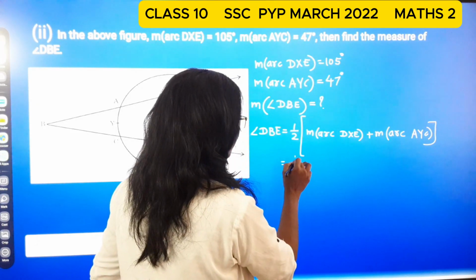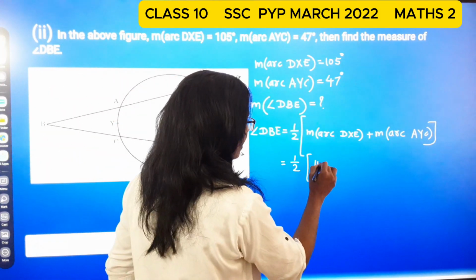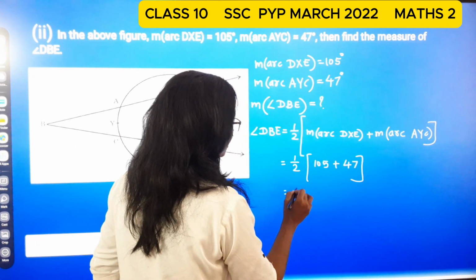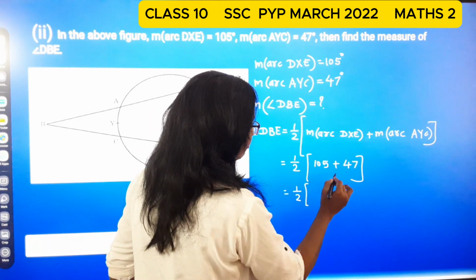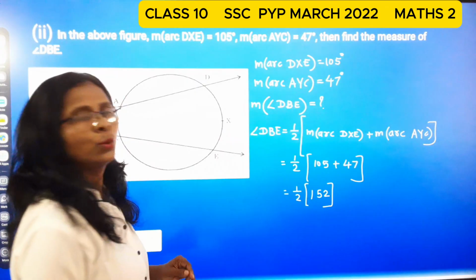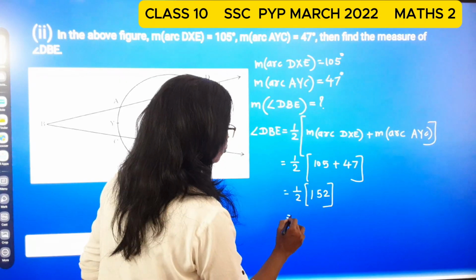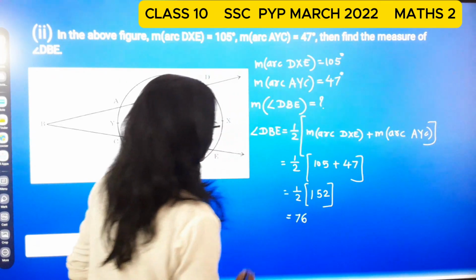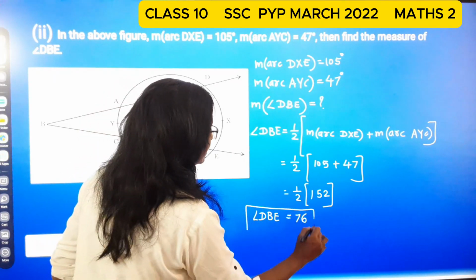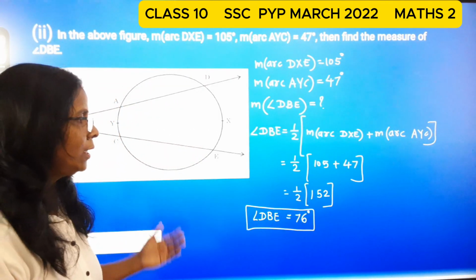Now substituting, one half in the bracket, 105 plus 47, which is equal to 1 upon 2 into 152. Half of 152 is 76. So angle DBE is equal to 76 degrees. Students, a very easy example.